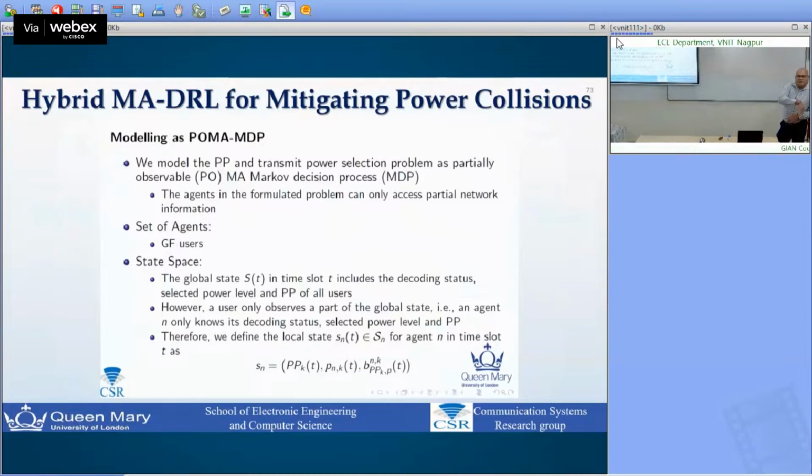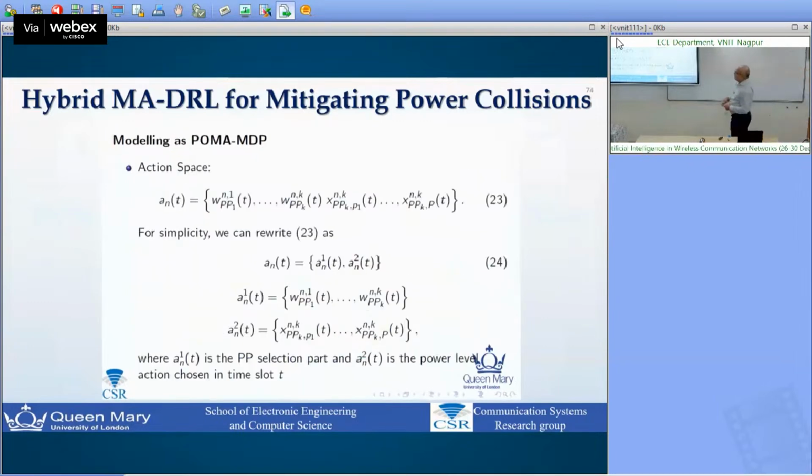Now it is going to move to the next state. In the next state, which power level is it going to select, and whether it decodes correctly, depends on the action. So the action is the selection of power pool and the selection of power level. Action 1 is the power pool selection part.